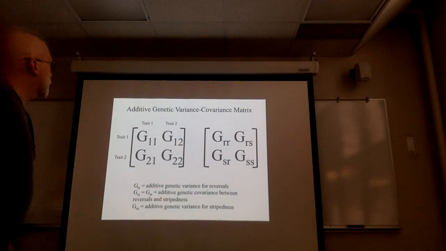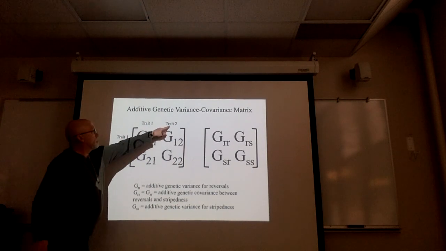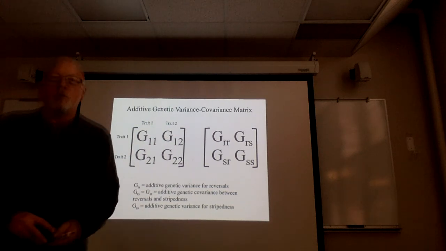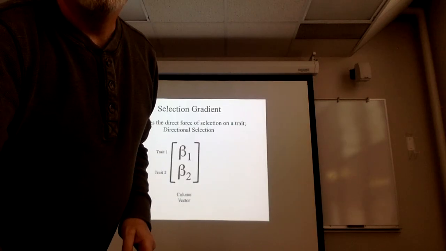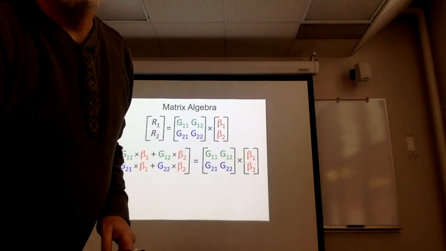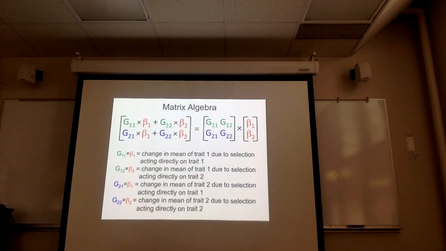Oh yeah, so think of this as trait 1, trait 2, trait 2. So basically, if we want to know what R1 is, what the evolutionary response to selection is, we take G11, we multiply it times beta 1, we take G12, multiply it times beta 2, and add those two things together.